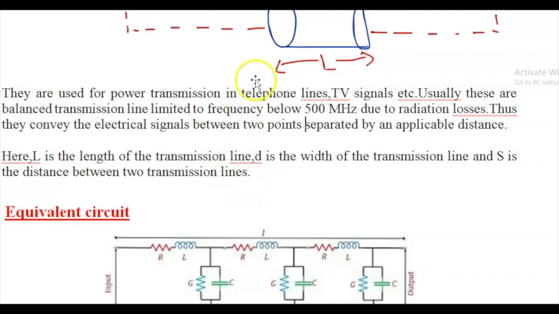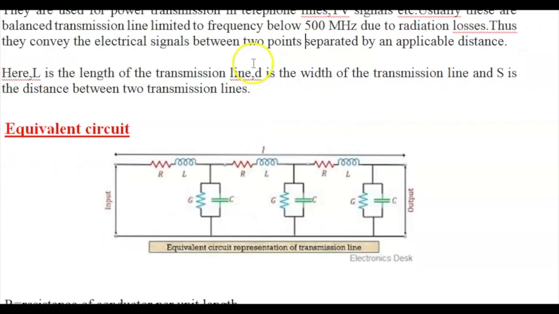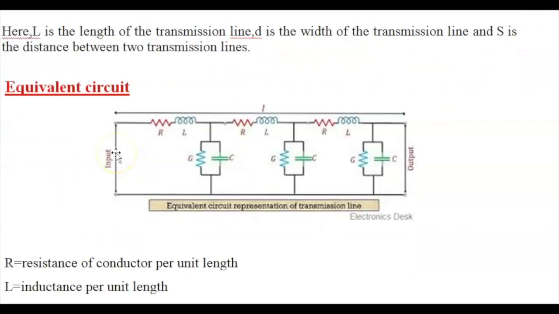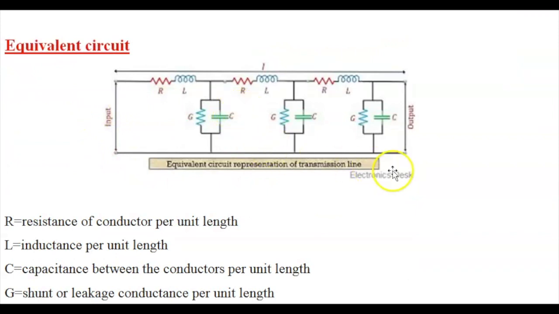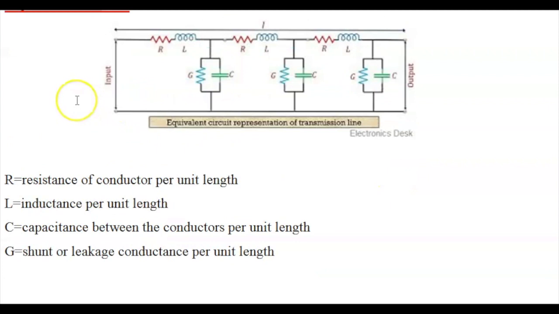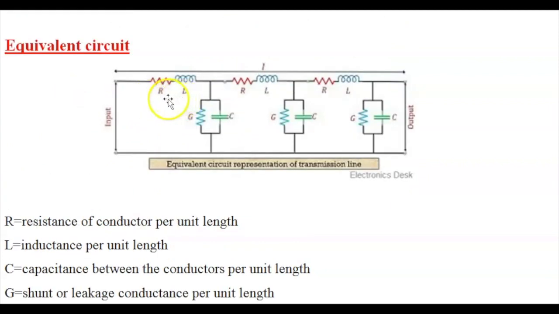So the above diagram can be drawn into an equivalent circuit in such a way that it consists of four parameters, which are resistance R, inductance L, capacitance C, and G, which is the shunt or leakage conductance per unit length.